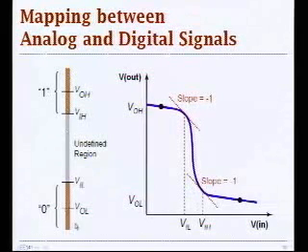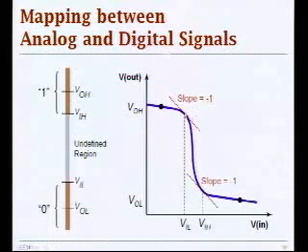We introduced the regions for logic 0 and logic 1, and in between we have this undefined region. So we introduced this VIL and VIH voltage levels at the points where the slope of this voltage transfer characteristic was 1, -1 in this case for the inverting gate.